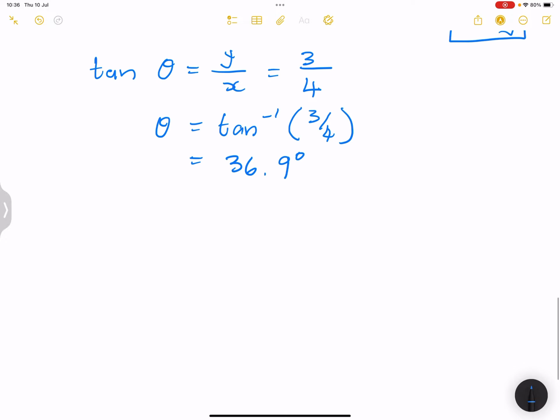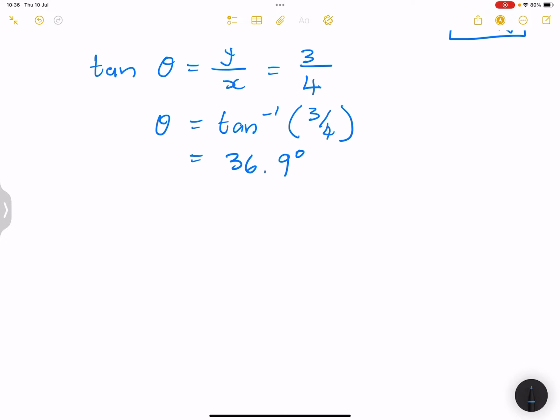So what does this mean? It means that the argument of z is equal to 36.9 degrees. Now, ladies and gents, this can be very important because what it essentially does is that I can now give you a diagram and ask you to give me the real part as well as the imaginary part.